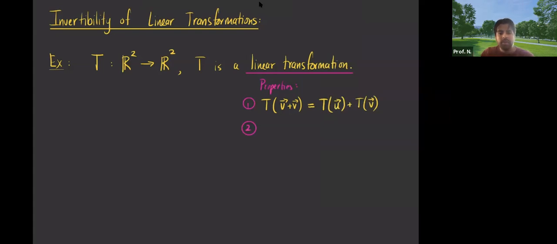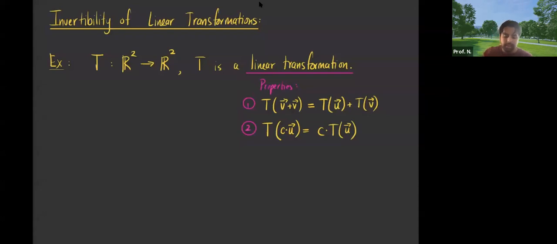Like I said, not all transformations have this property. The other property is that if you have a vector and a scalar multiple of that vector, the image of the scalar multiple is the same as finding the image of the vector and multiplying by the scalar afterwards. If a transformation makes these two things true, then it's linear. If one of these properties does not hold, then it's not linear.